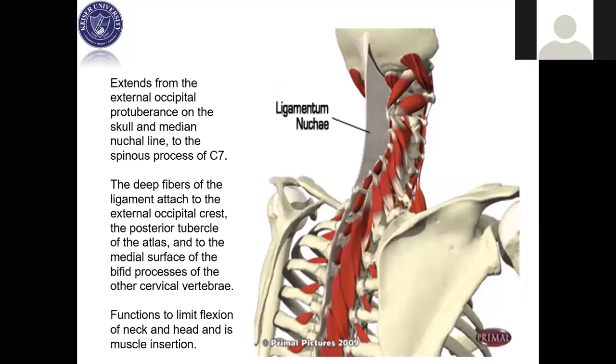The ligamentum nuchae, like I said yesterday, is a ligament that extends from the occiput down into the C7 area. And it's just a deep ligament that attaches there. And all this ligament does is it adds increased surface area.